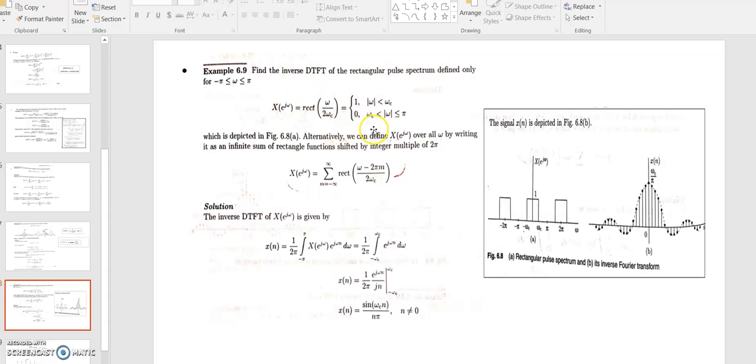As I already told you, the difference between the continuous time Fourier transform and discrete time Fourier transform was that the discrete time Fourier transform is periodic with period 2 pi. Then how will you represent it graphically? First you represent this function, rect of omega upon 2 omega c, in the frequency domain.